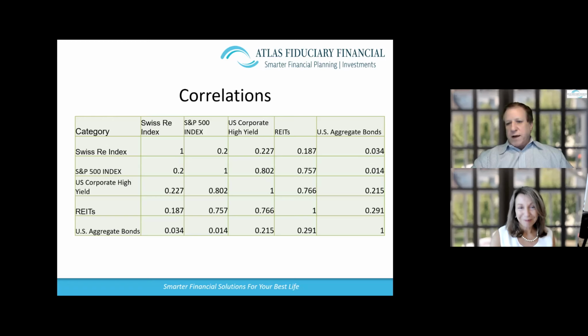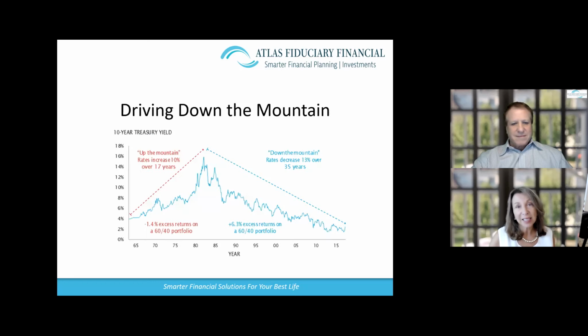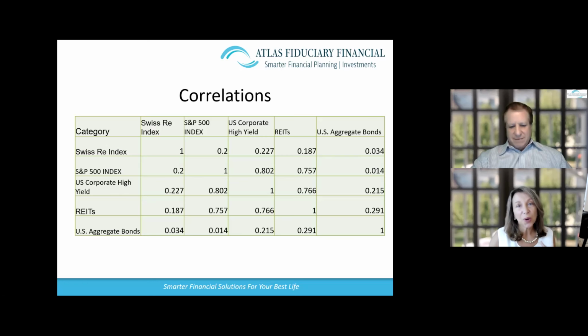And maybe, Laura, you want to mention how you gain access to this asset class? Well, again, this is something that is available to people that invest as institutions. So if you're an endowment or a pension fund, or a fee-only advisor who operates as if they're an institution, we have access to these types of investments. This is not something that the average person, the retail client, has access to.